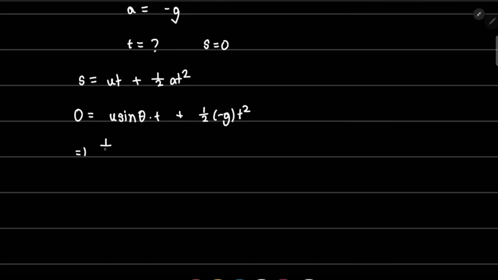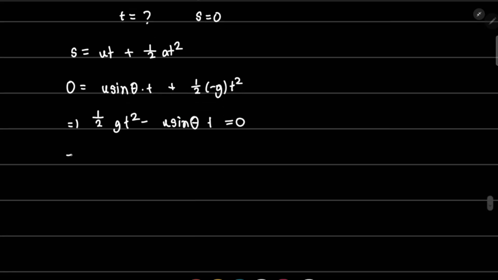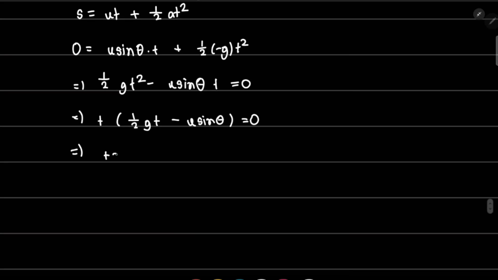The next line we get half g t squared minus u sin theta t equals 0. We take t out common: t times (half g t minus u sin theta) equals 0. We get t equals 0, or t equals u sin theta divided by half g.